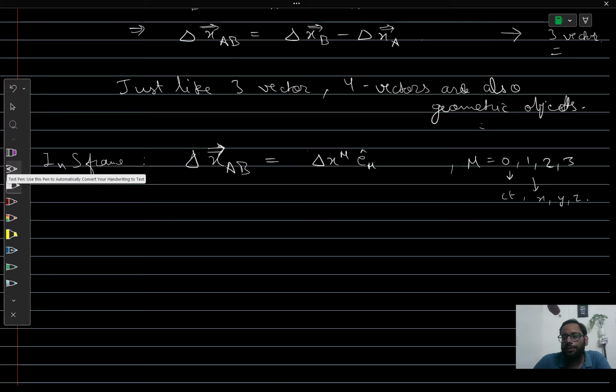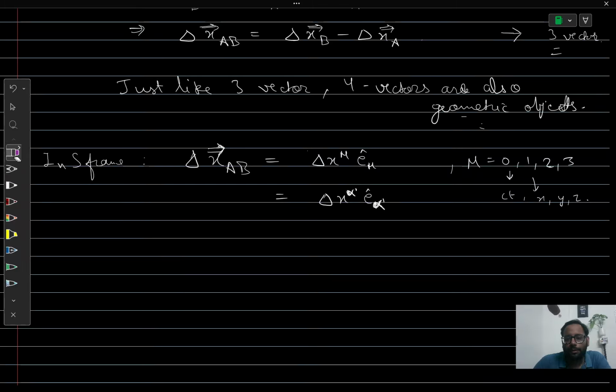Since it is a geometric object, it should be the same in the prime coordinate also. Let's denote it by primed indices, and let's relabel it with some different index, that is alpha.